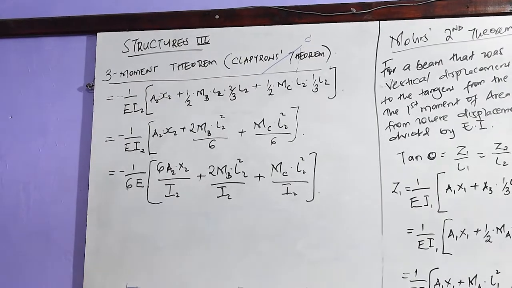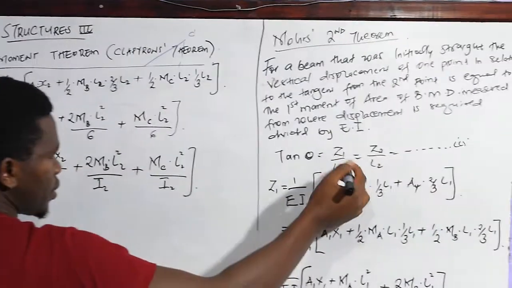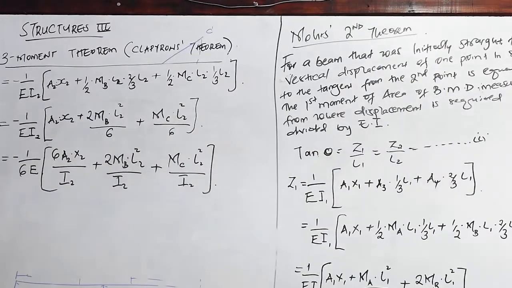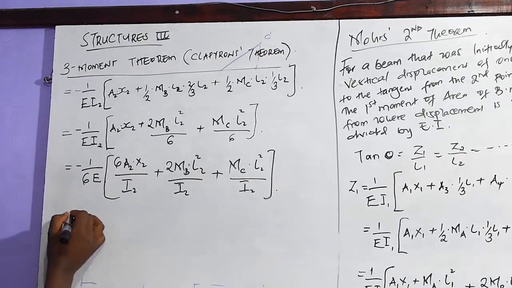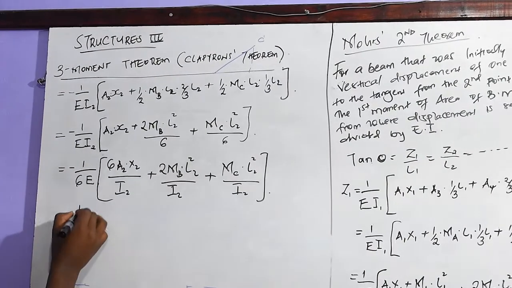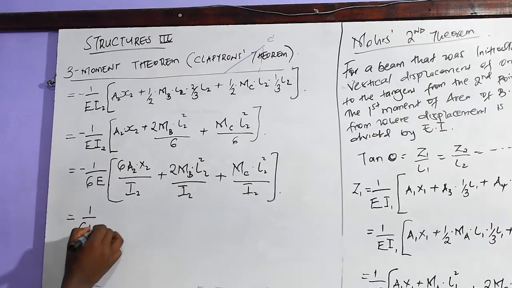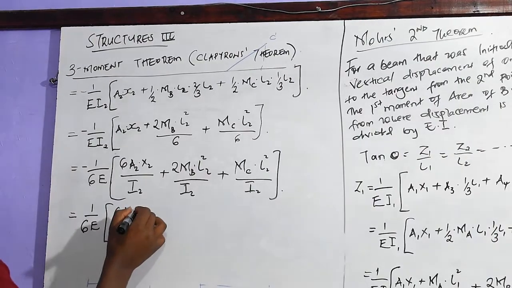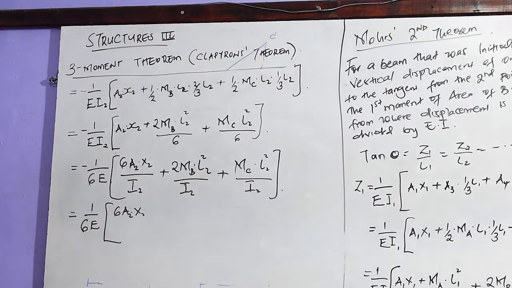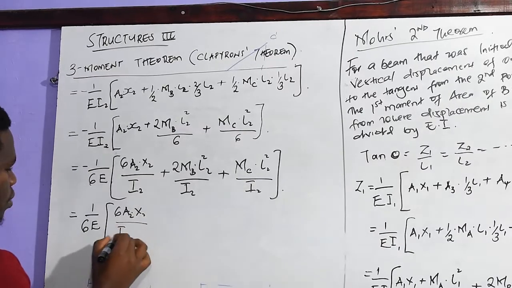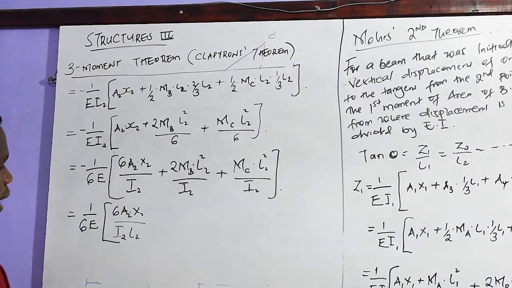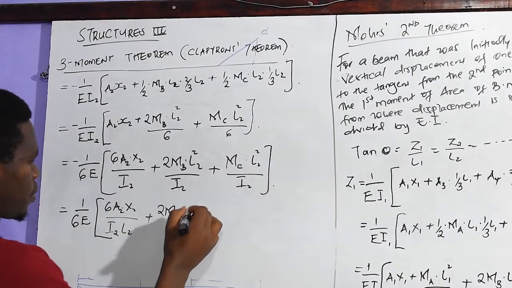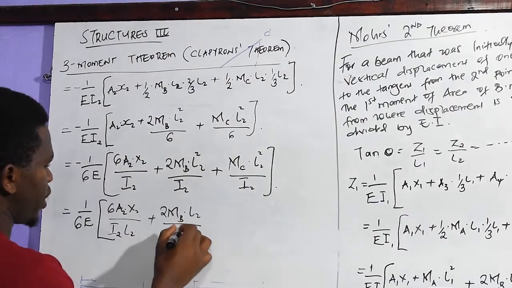From equation 1, tan theta equals Z2 over L2. So we divide everything by L2. So this one will give us 1 over 6E, 6 area 2 x2 all over I2 L2, like so, plus 2MB L2 all over I2.